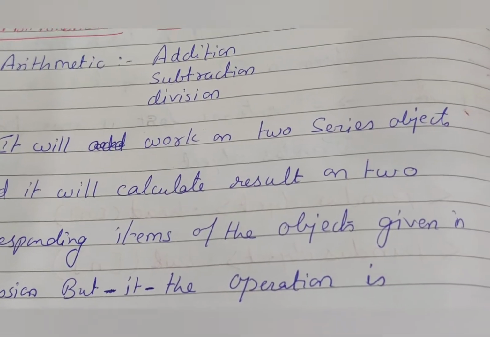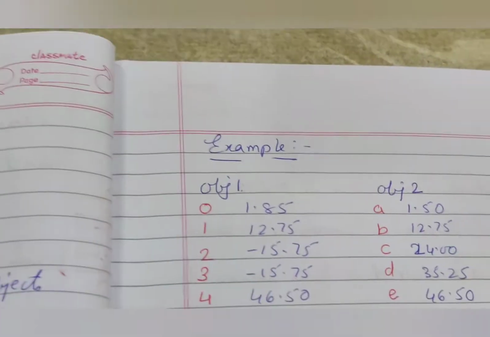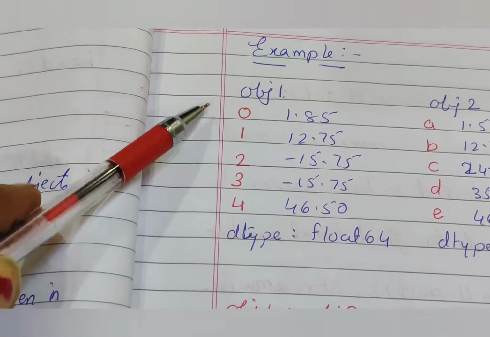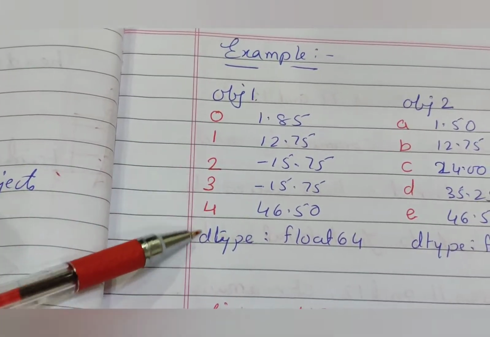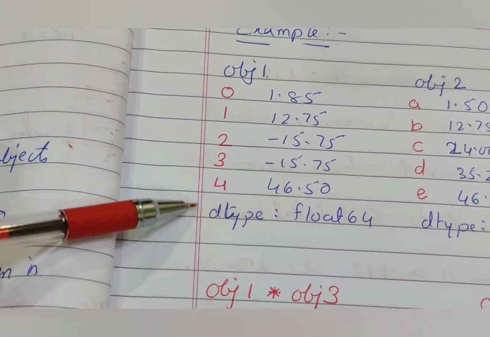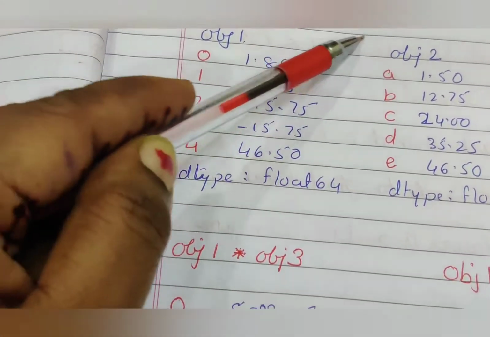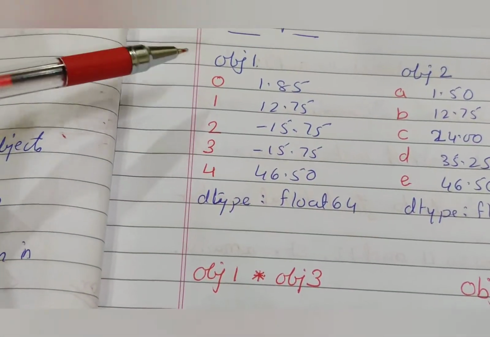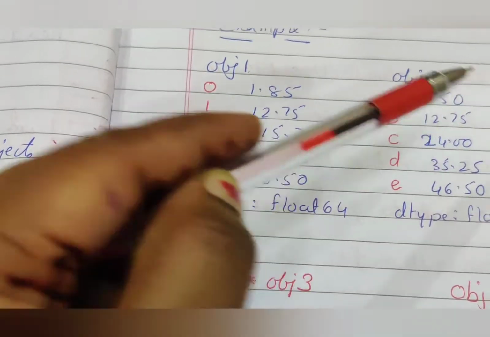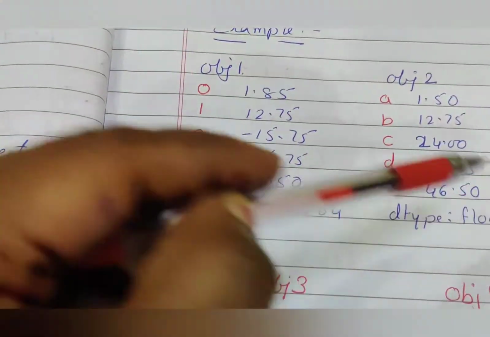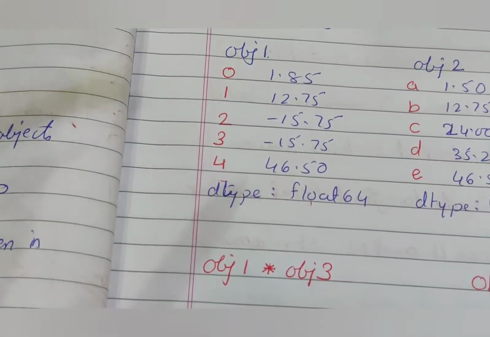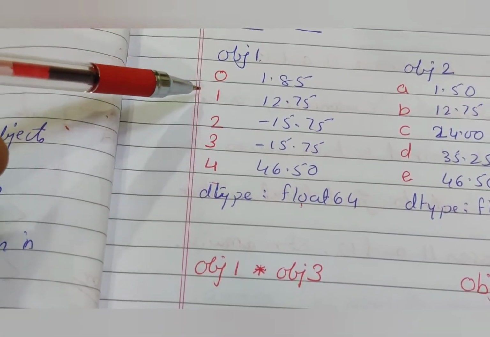Suppose you are having obj1, a series with 0 1 2 3 4 as the index values, and obj2 with a b c d e, it will not add. If I write obj1 plus obj2, it will not add the values. Why? Because their index values are different.